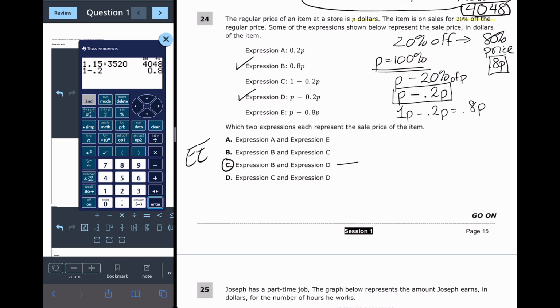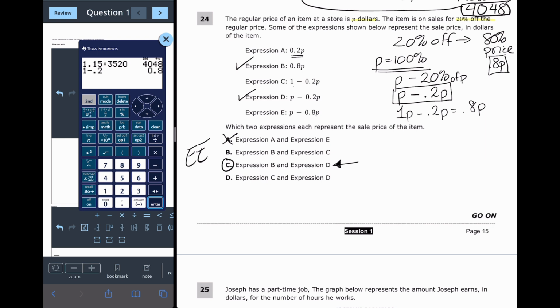And they match over here. Okay. So of course, because we have to look for B and D, the first one is completely off because it doesn't include those two. And it doesn't make sense. This is saying 20% of the price. That's not the same as 20% off. This one has 1 minus the 20%.